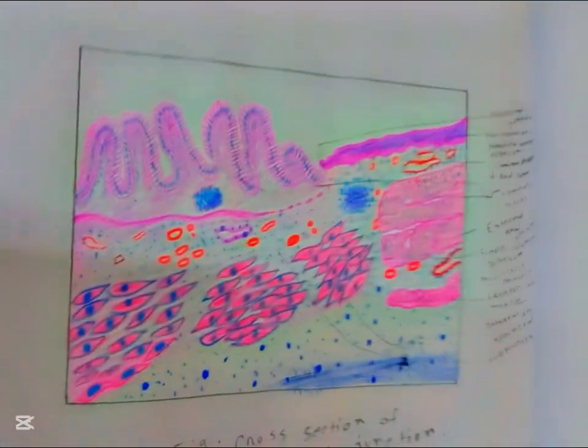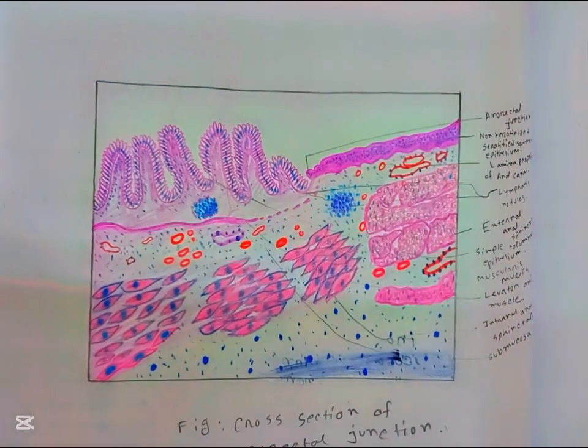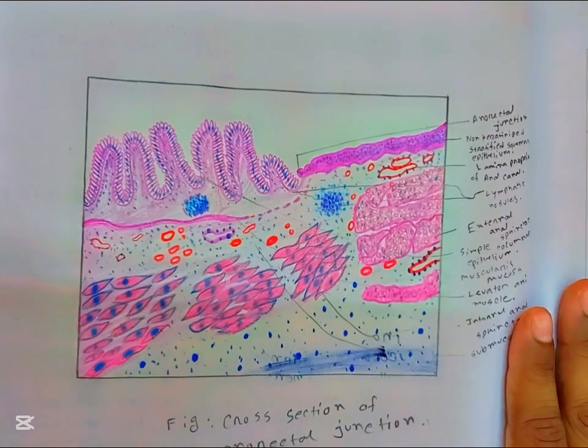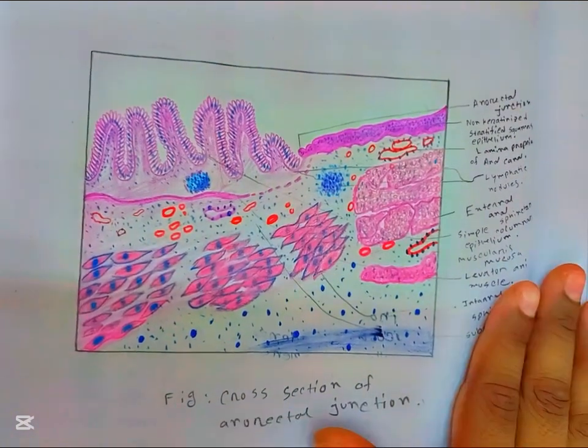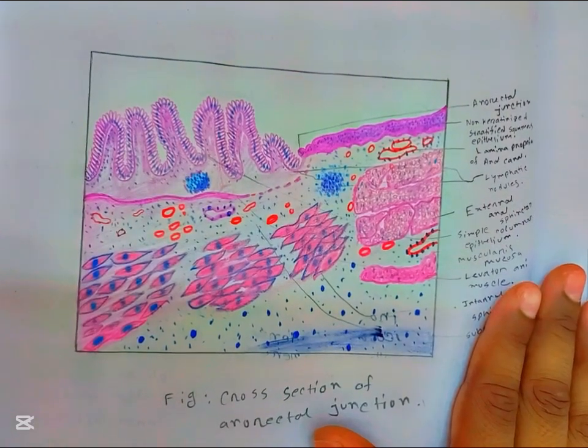Then next, this is the histological figure of anorectal junction, and it is the most important histological figure, anorectal junction. That's all the histological figures of the gastrointestinal tract.